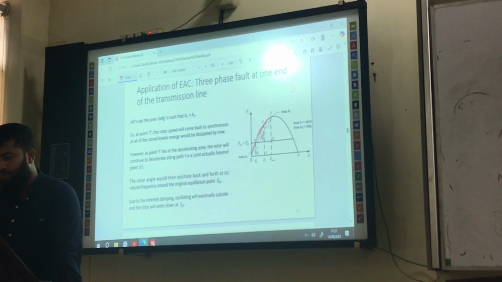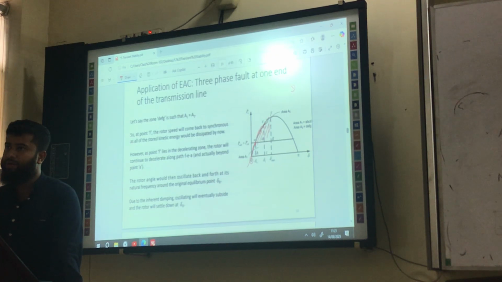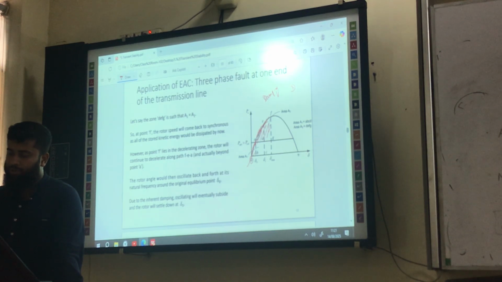So this will be the higher area. It will come to this zero point, and there is no other point that it can go to. Then again it will come here. So it will be swinging between these two points, but there will be some decelerating energy stored on this side. How to mitigate this problem? Obviously there will be some damping. If there is some damping, then at some moment our final point will converge to this point.